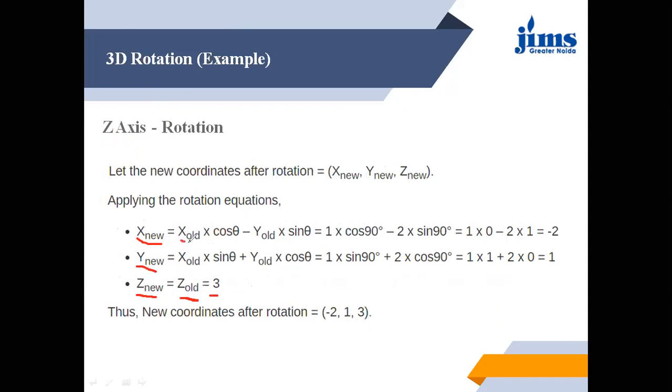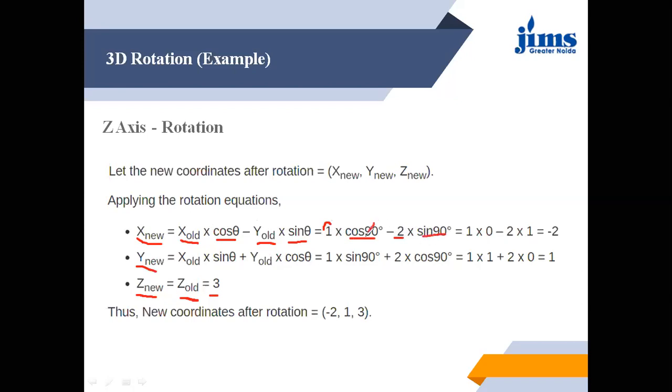So x old multiplied by cos theta minus y old multiplied by sin theta, and x old equals 1, cos 90, as theta is equal to 90. Y old is 2 and this is sin theta, that is sin 90.